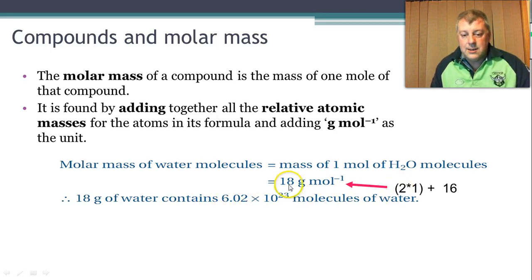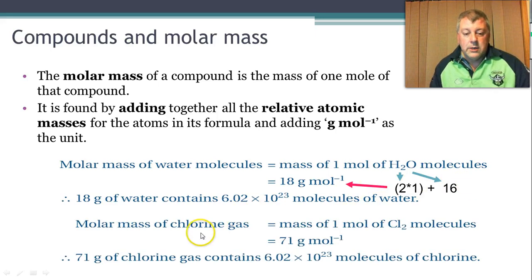Now where does this 18 come from? Well, the formula is H2O, and if we look up our tables, hydrogen is 1, so we need 2 times 1, and oxygen is 16, so 2 times 1 plus 16 equals 18. So we added up the relative atomic masses. So what about chlorine gas?